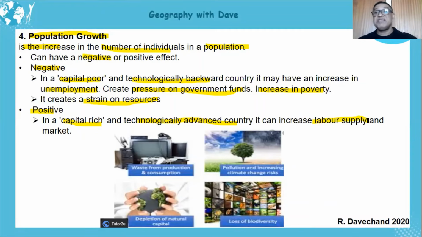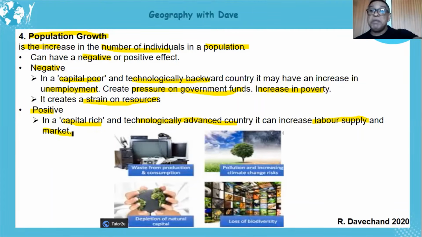Some of the European countries take many of our people from Africa to come and do many of the jobs there because they need certain types of jobs to be covered. So there's an increased supply of labor which may be needed because of the economically rich and technologically advanced. And also people are working, they will also create a market there.